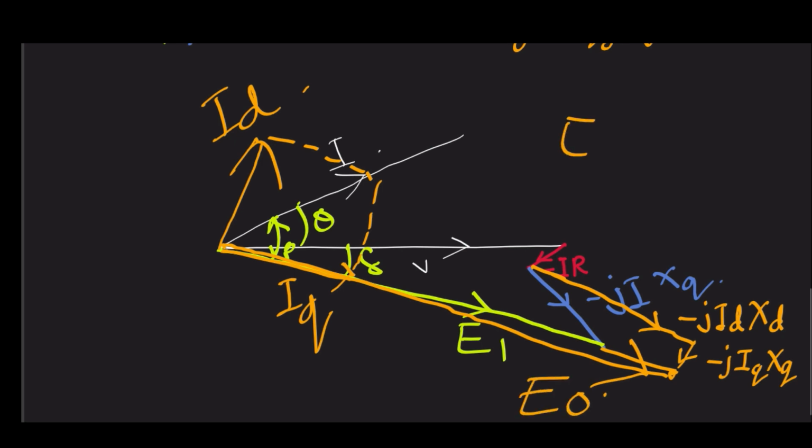So mod E naught is greater than V. So an overexcited motor draws leading current, right? Overexcited salient pole motor draws leading current.